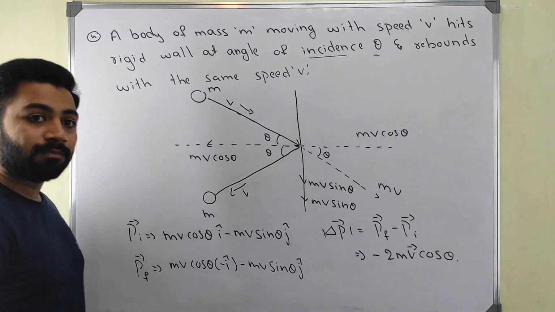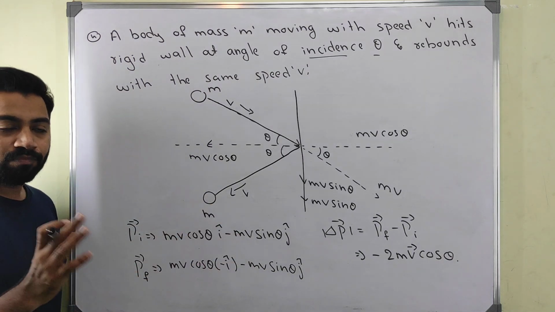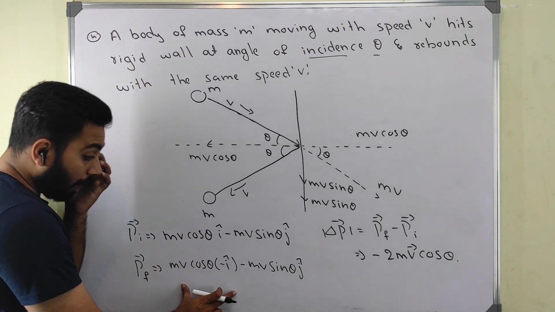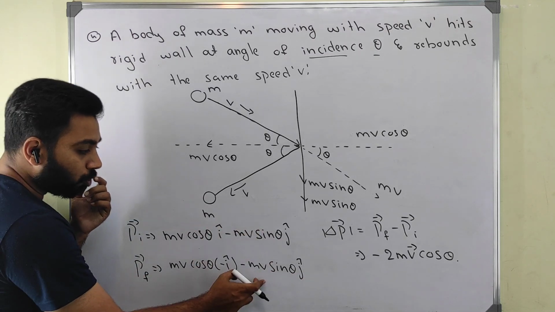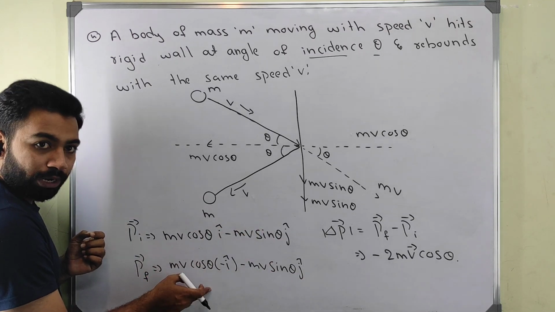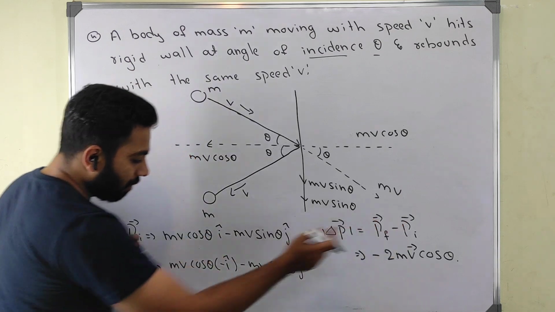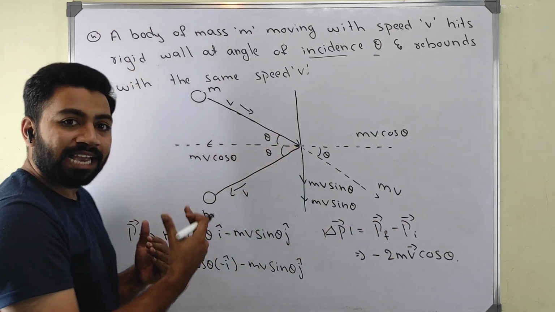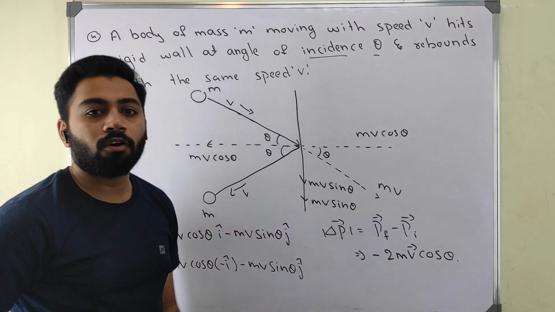This is my change in momentum. Very simple. If I make this subtraction, these two cancel, and what remains gets a negative sign, then we add both. So when the body hits and returns, the change in momentum is 2 times mv cos theta.